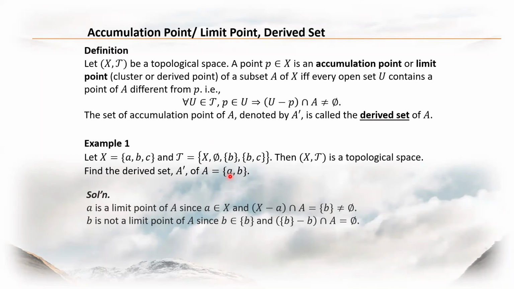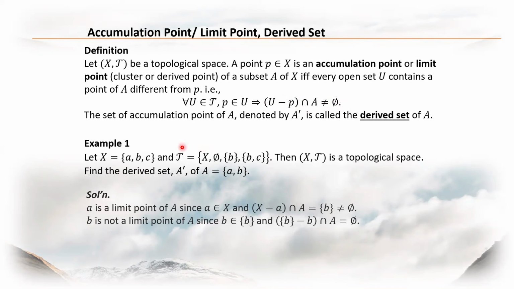So we cannot yet conclude that c is an accumulation point, because we also have to check another set that contains c. We will consider this one. This set {b, c} minus c is the set with b only. It is a singleton. Intersect it with A. Of course, the result is the set containing b, and it is not empty. So these 2 sets belonging to tau satisfy this property.